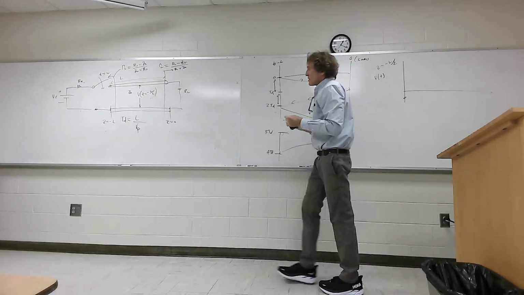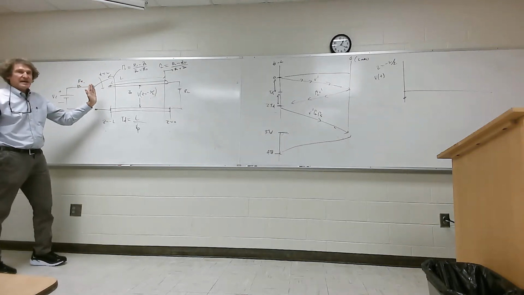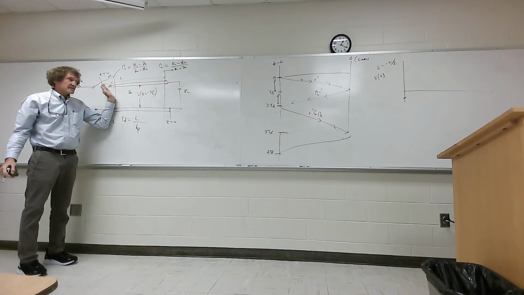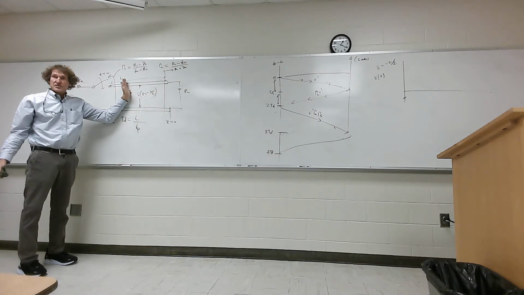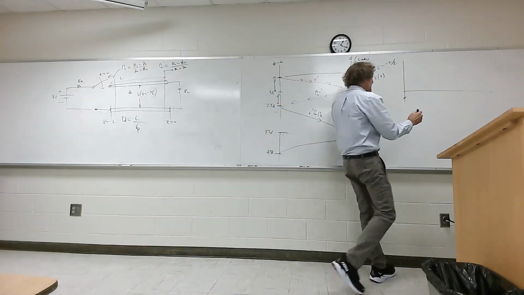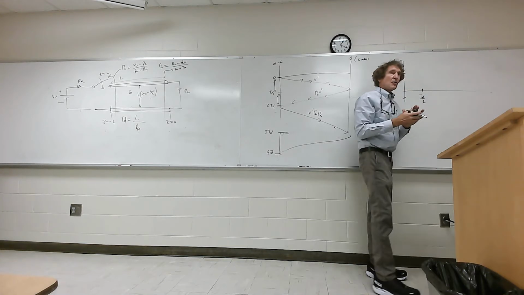Well, we know once we close the switch at t equals 0, it takes a certain length of time to get there. It takes exactly TD over 2. You follow me on that? If it takes TD to get all the way down the line, then TD over 2 to get halfway. So there's no voltage until I get to that point, and that would be TD over 2. Then it will go up.